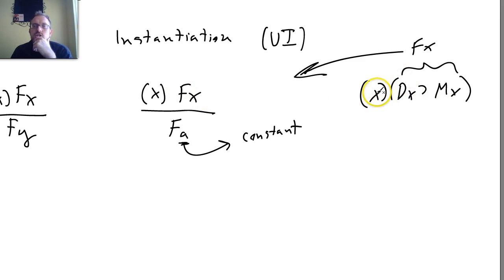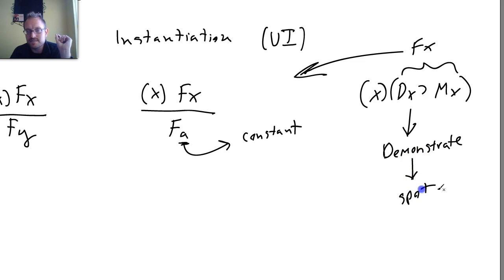Well, let's imagine all dogs in the universe are mammals. What if I wanted to demonstrate this claim by pointing to a specific dog? I can demonstrate the claim by talking about Spot, for instance. Now, as constants I can use everything except x, y, and z, so a through w I can use as constants.